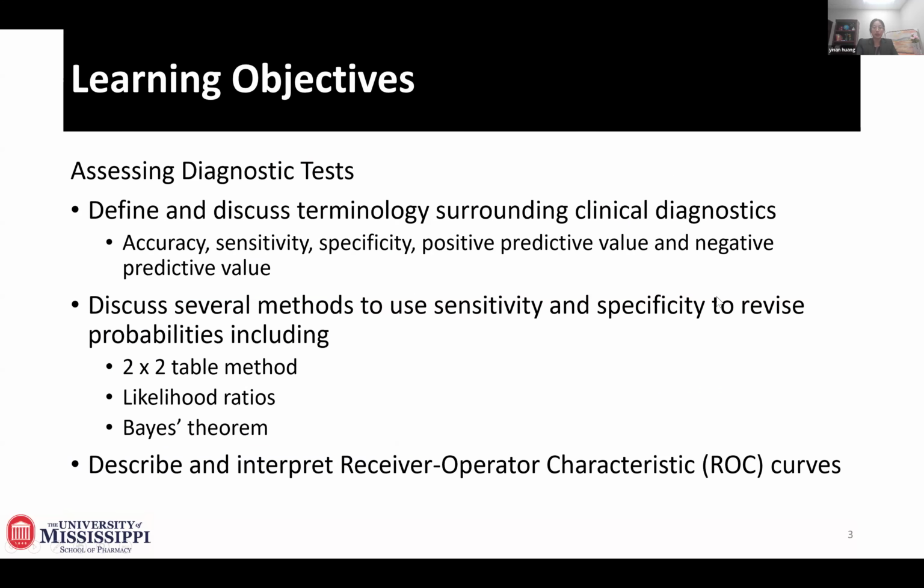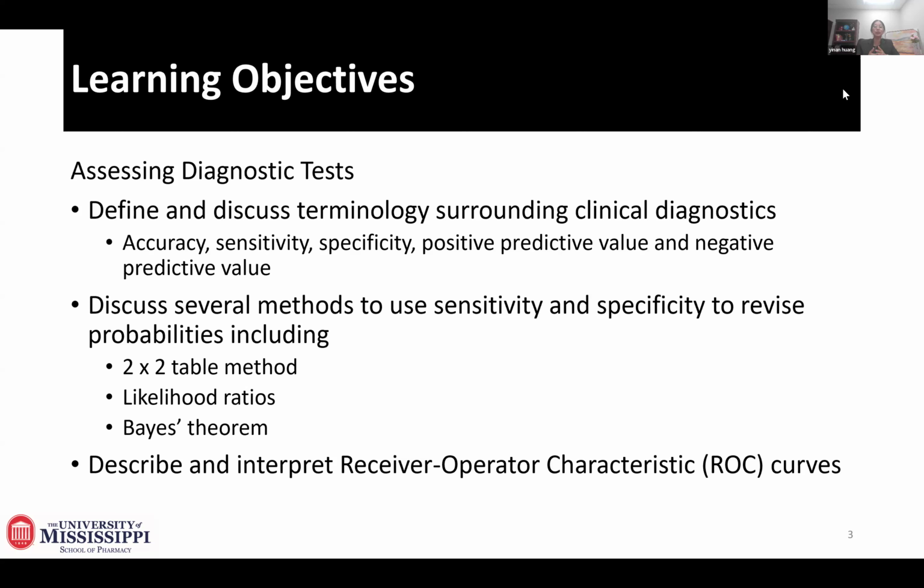In today's agenda, we will first talk about some terminologies surrounding diagnostic testing. This includes what is accuracy, what is sensitivity, what is specificity, and what are positive predictive value and negative predictive values. Followed by that, we will discuss different methods for us to use sensitivity and specificity.